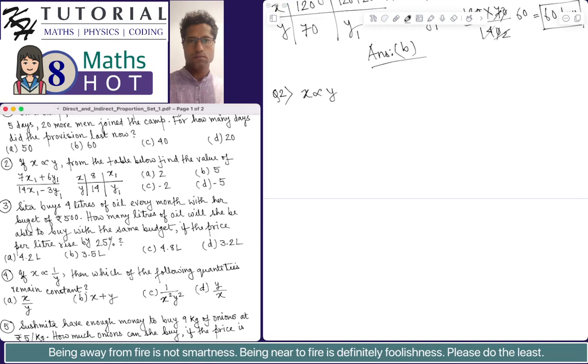From the table below, find the value of, so a table is given. Let's quickly write the table. x, y: we have 8, 14, and x1 and y1.